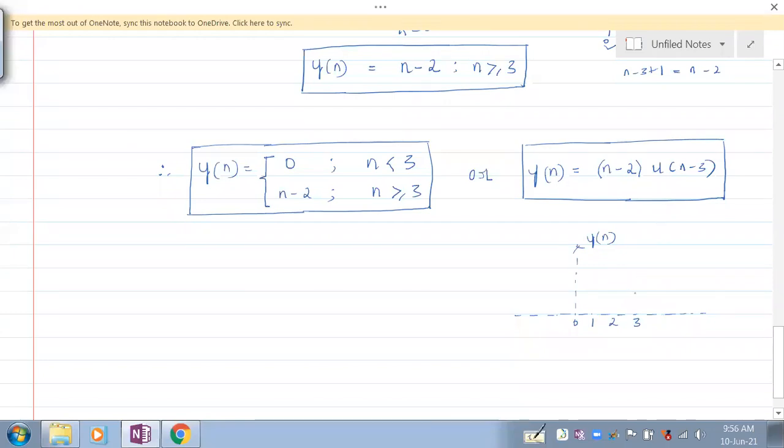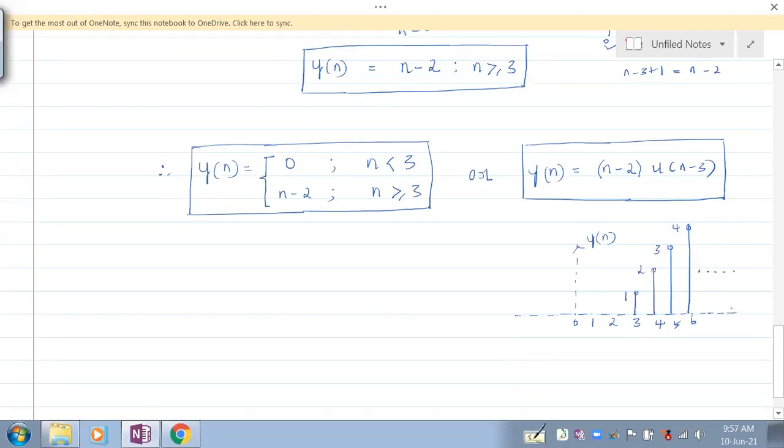So 3 minus 2 is 1, 4 minus 2 is 2, 5 minus 2 is 3, 6 minus 2 is 4, and it just goes on and on. So this is your y of n.